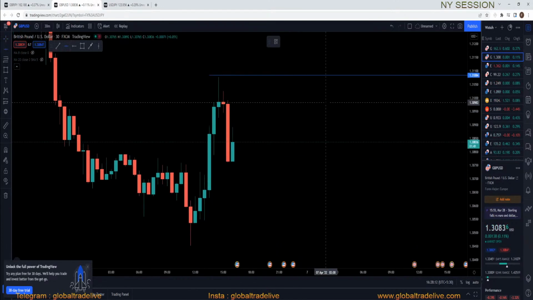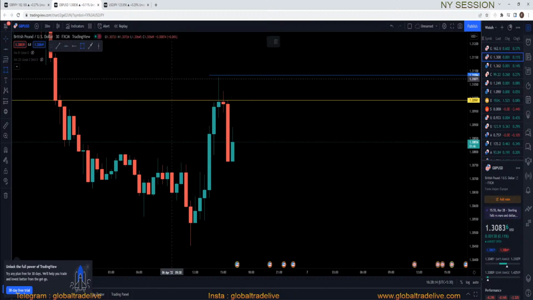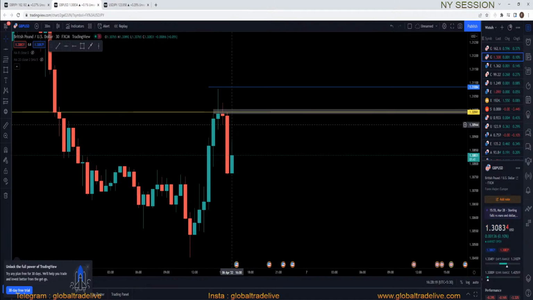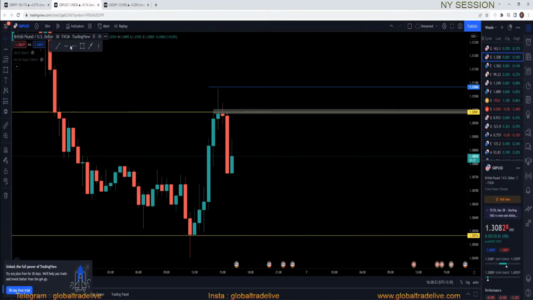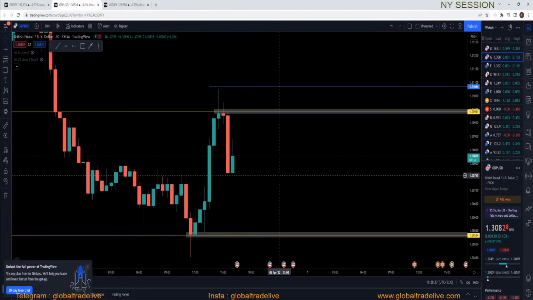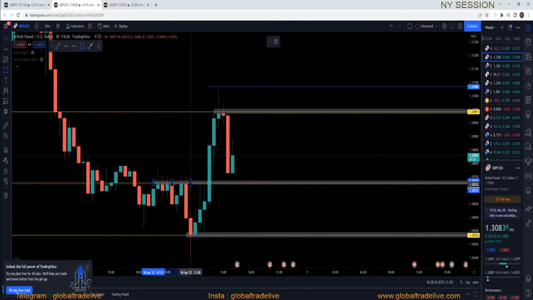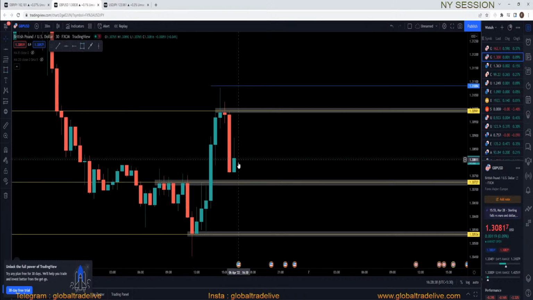then information we have is a resistance has been formed. Okay, we have a resistance formation, then we have a recent support formation over here, right? Then we have a strong support zone over here as well, right?